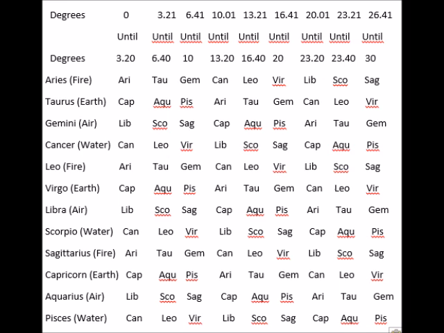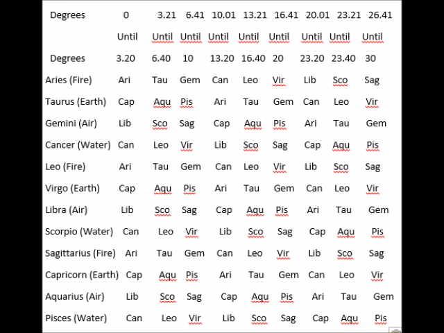So in the first video we discussed how we create a Navansha chart based on what the ascendant will be. The Navansha is based on the rules which I just explained to you: the first Navansha falls between 0 and 3 degrees and 20 minutes. The second Navansha falls between 3 degrees 21 minutes until 6 degrees 40 minutes.